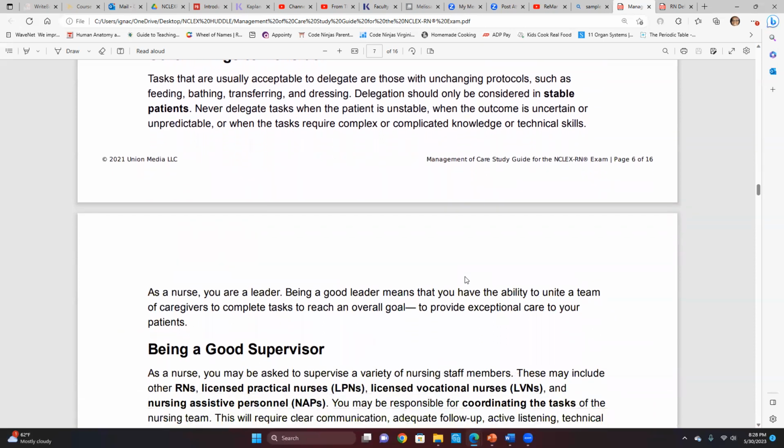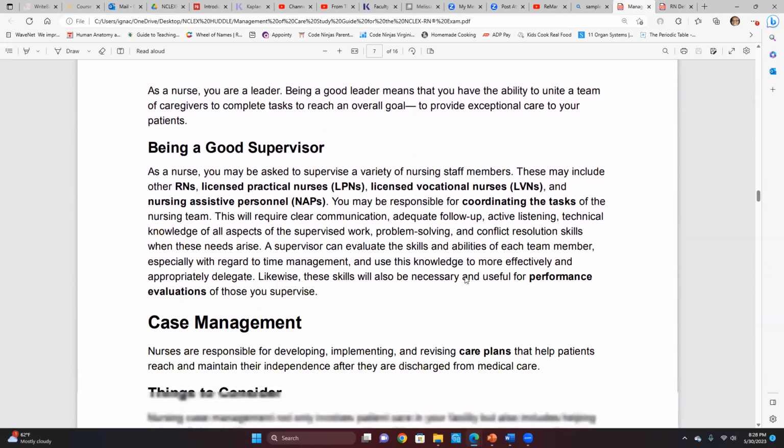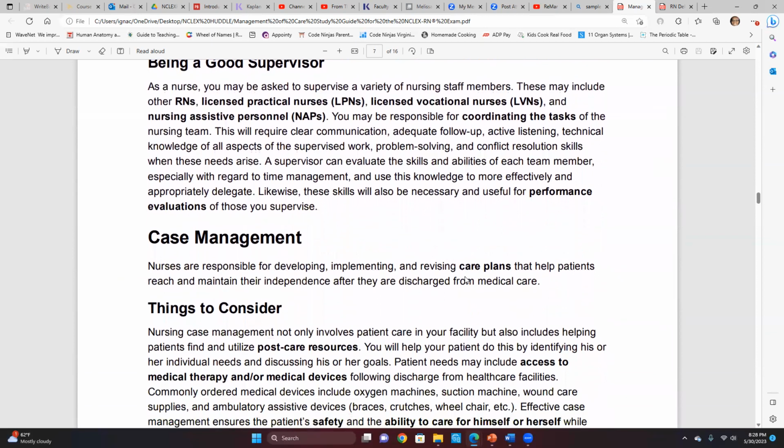All right, so it talks about stable patients and being a good supervisor. I'm just going to mention this because I was talking with my class tonight about it. If there is a scenario where the nurse is impaired, or we think the nurse is pocketing medication or something along those lines, we never confront the nurse.